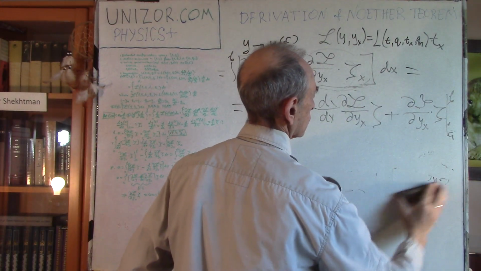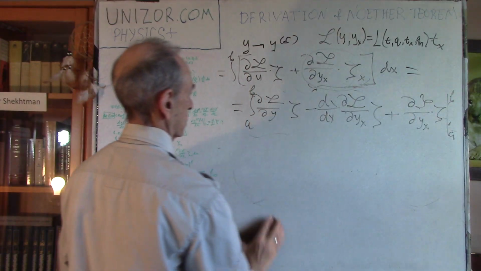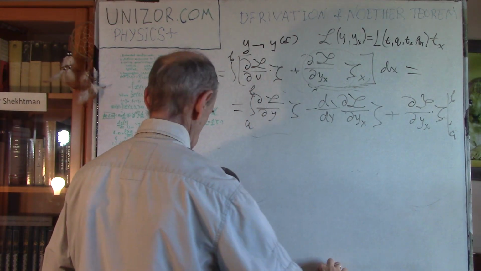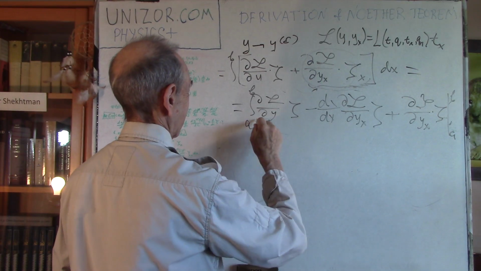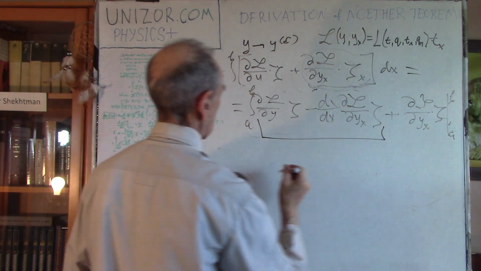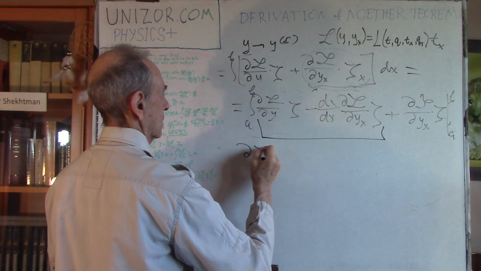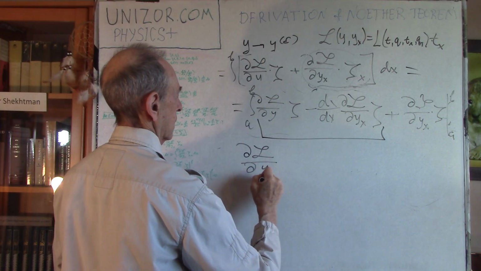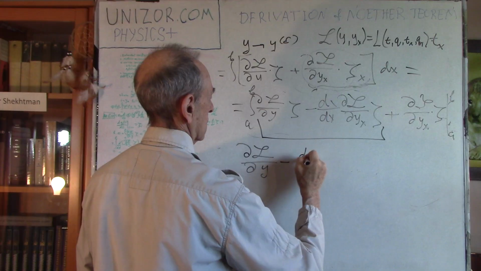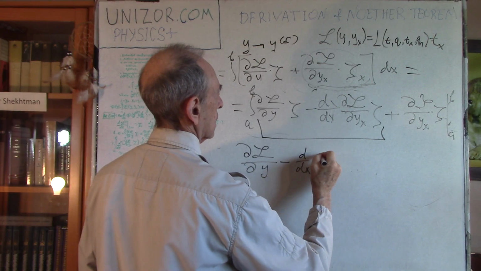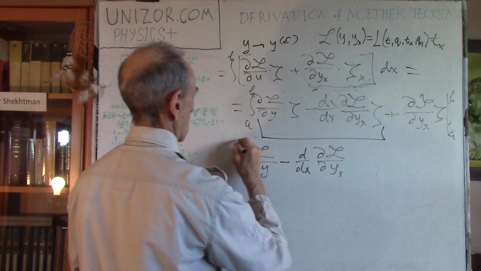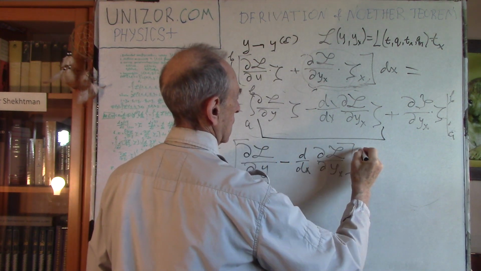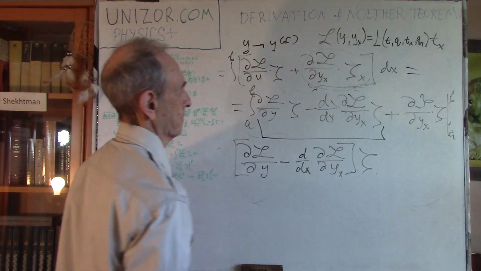I would like you to recognize something here. This. Let me rewrite it. dl by dy minus d by dx of dl by dyx, times zeta.